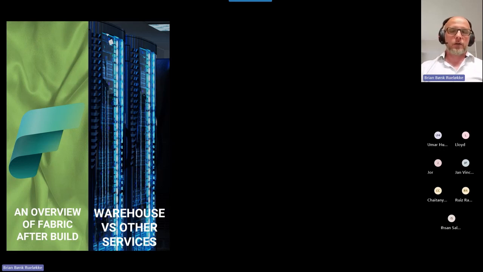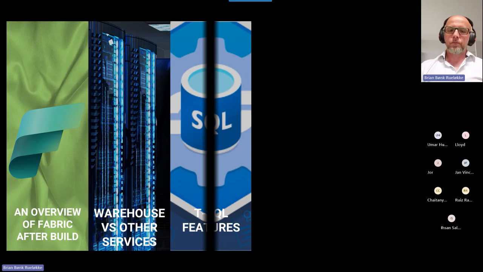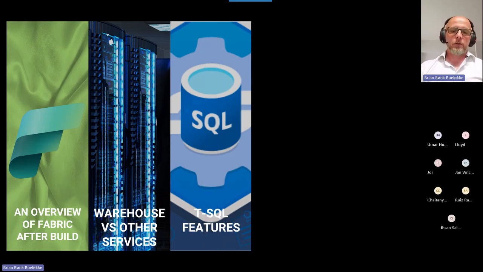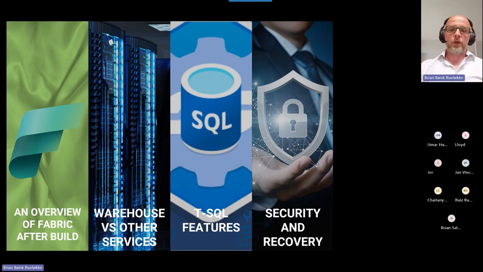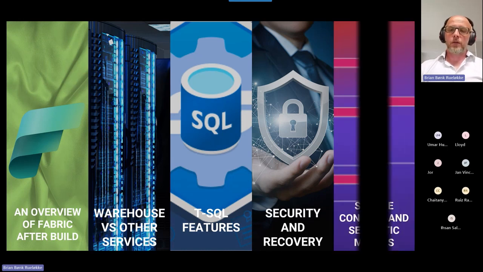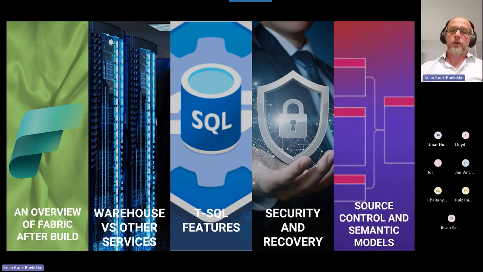How do they compare? What are the differences, and how to choose? Then I will talk about the T-SQL features inside Fabric, because there are some things that you need to take into account when working with the T-SQL landscape in Fabric. Security and recovery, how do we do that in the best way? And last but not least, source control and semantic models inside the Fabric warehouse service.